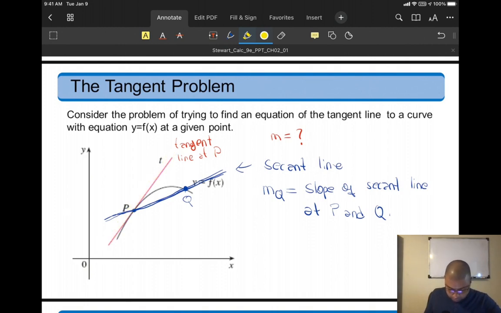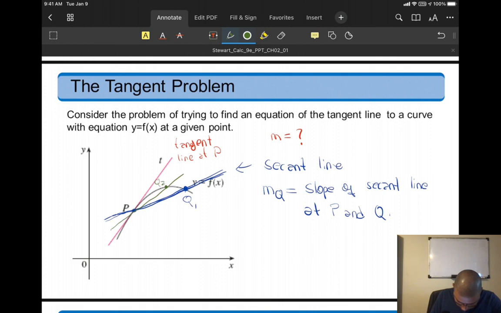Well, I can, if I want, pick a Q that's closer. So if I call this Q1, I could pick another Q here, say Q2, and let me make it green. I'm picking this randomly, not going to do any math on this, but I'm just trying to explain what the thought process is.